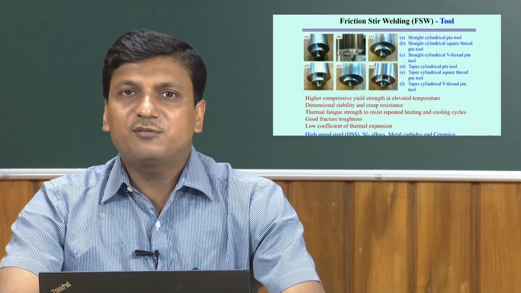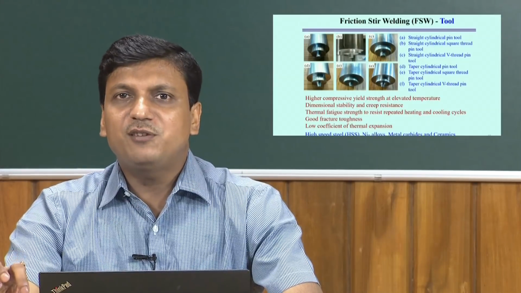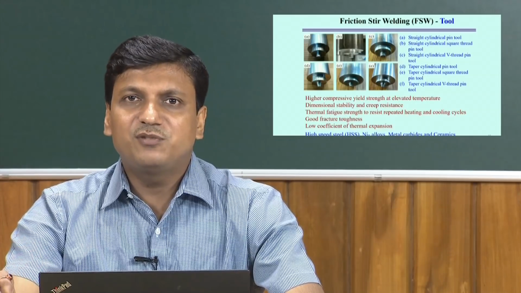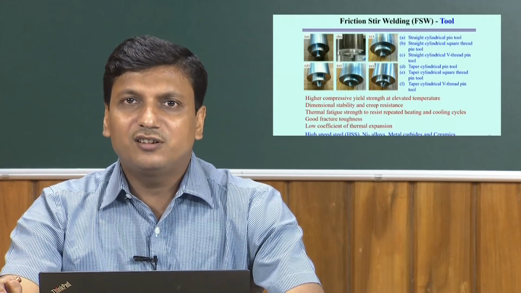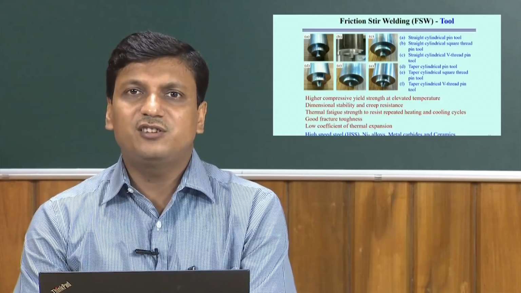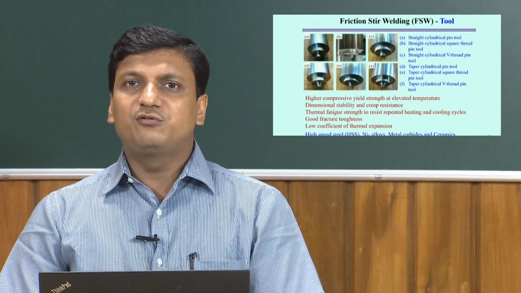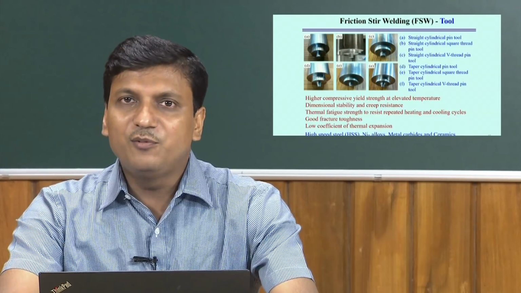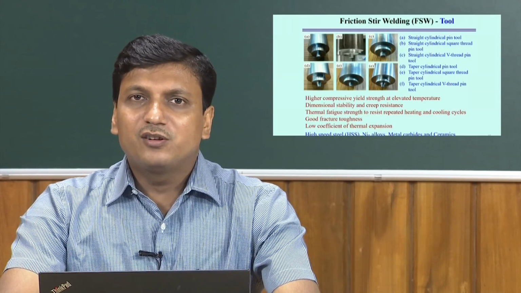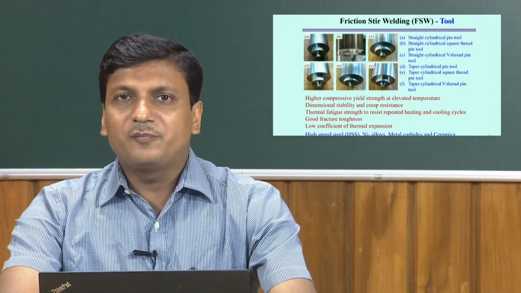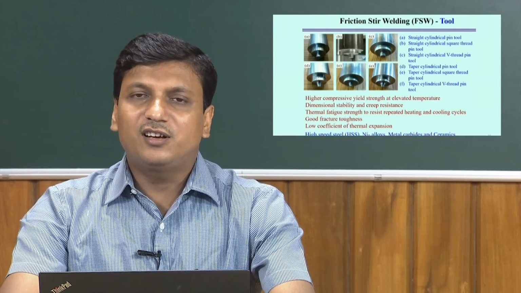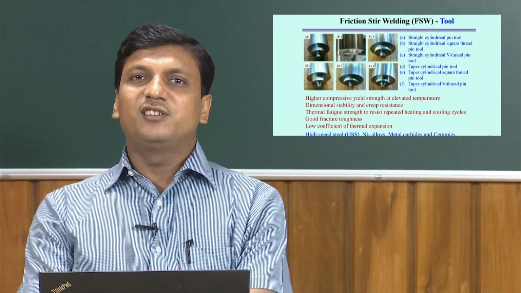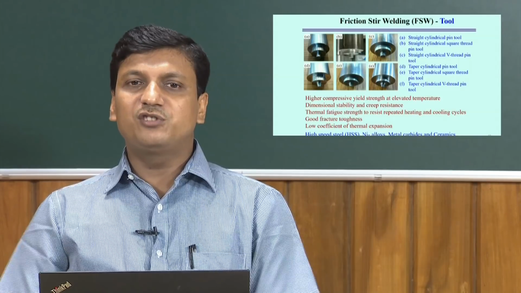For example, pure aluminum can be joined simply by using stainless steel SS304 or SS316 as a tool material. Even when you try to join some harder material, the tool material should be harder as compared to the substrate material. That is the general principle of choosing any material.